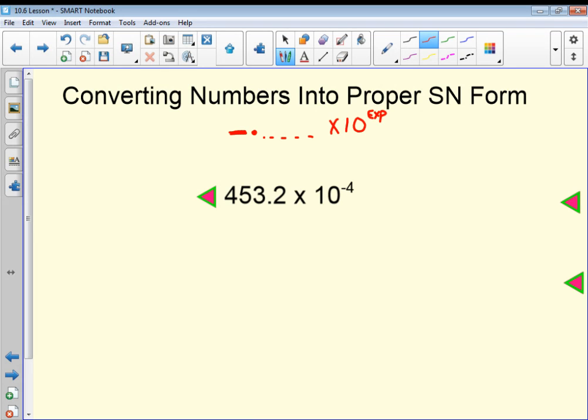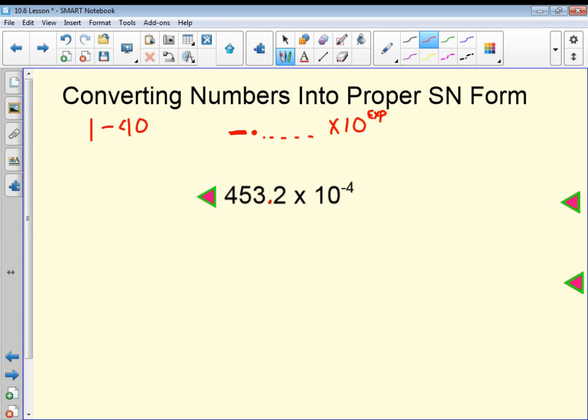Okay, so let's look at this first one. We have 453.2 times 10 to the negative 4. So remember, it has to fall between 1 but be less than 10. Okay, so that's greater than 10. So we're going to move it so that it becomes less than 10.